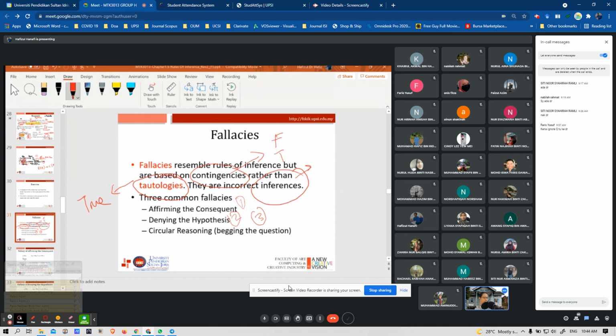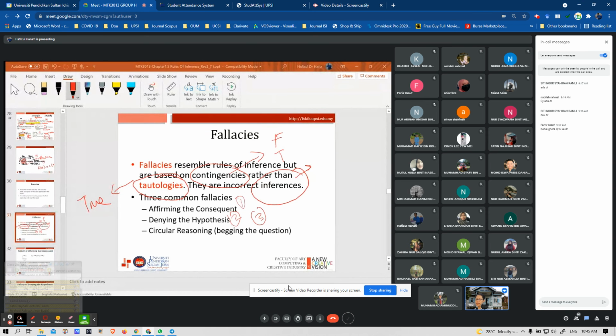Jangan risau yang tu. Okay, a fallacy is an assumption or series of steps which seemingly correct but contain a flawed argument, which means that some of the inferences are incorrect. Fallacies contain the flawed argument.